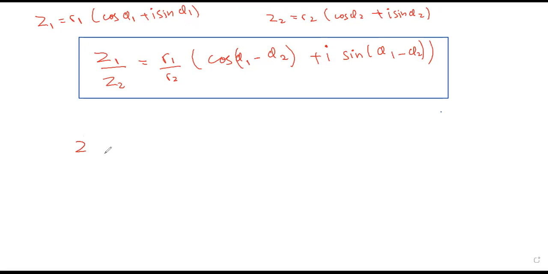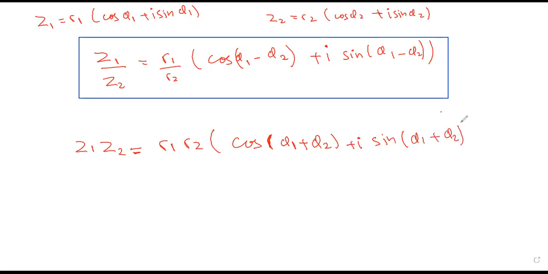And if I refer to our previous conclusion, where we discussed the multiplication of two complex numbers, we got R1 R2 multiplied by cos theta 1 plus theta 2 plus iota sine theta 1 plus theta 2. In multiplication, it was plus.